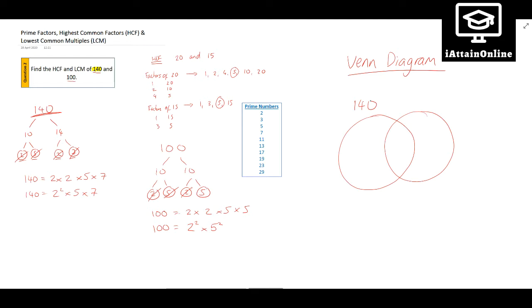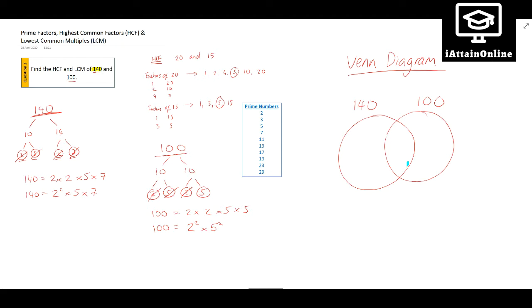The second circle, or set is the correct name, is the factors of 100. Now we're going to use the prime factors that we've figured out. Now remember, the ones in the overlap here are the ones that are common to both 140 and 100. So if I just rub that out.